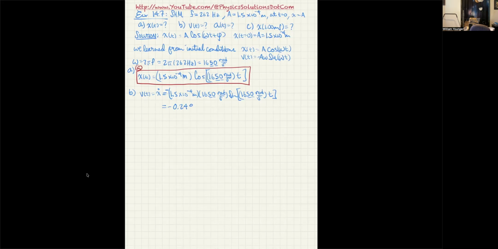It's 7.5, I'm just going to call that 8 because that's one extra digit. And notice now the units of the amplitude of the velocity is meters per second. It's actually really just the initial velocity or the maximum velocity. And then all of that times the sine of 1650 radians per second times t, like that. And that's our velocity as a function of time.